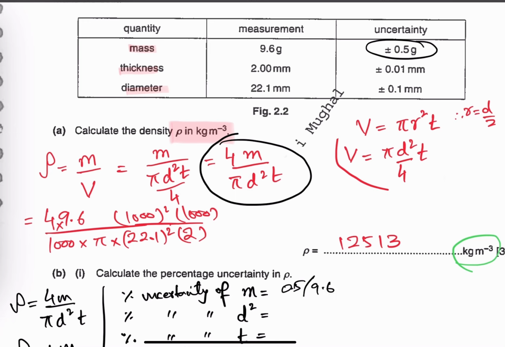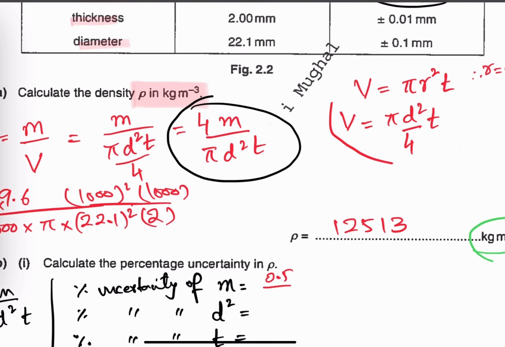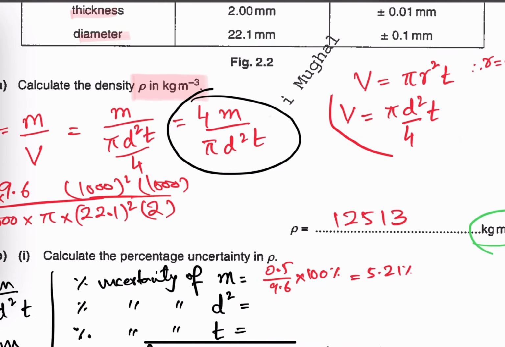So it's 0.5 divided by 9.6 multiplied by 100%, and this will give you 5.21%.